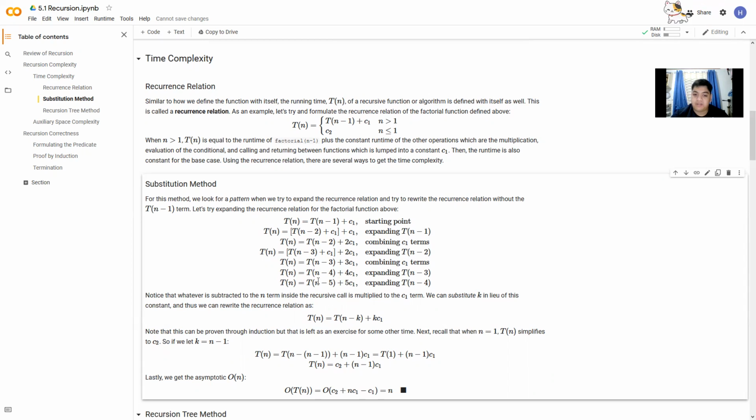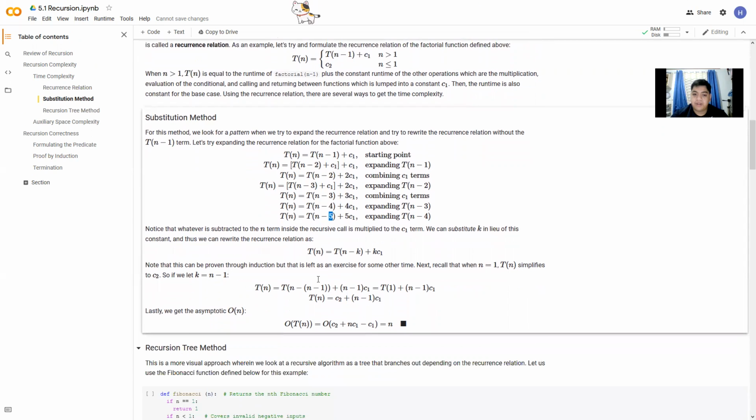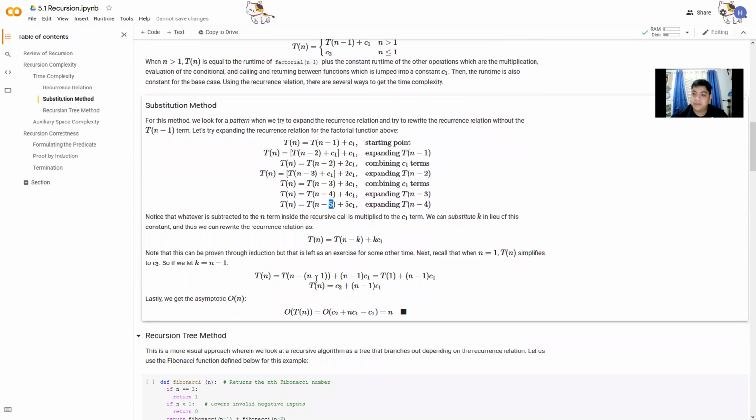So you can see a pattern here, wherein the coefficient of c1 is exactly equal to the number we subtract from n in the T of n minus something part of the recurrence relation. So let's substitute a variable k for those numbers.